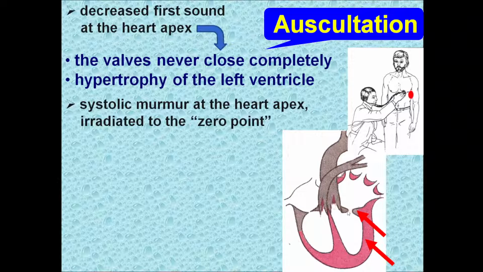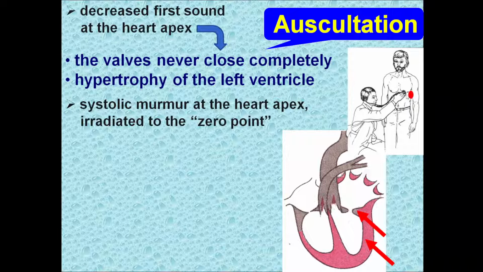We see a systolic murmur, which shows turbulent movement through the unclosed mitral valve. The murmur is organic because of the anatomic heart defect, and it is irradiated to the axillary point, fifth interspace along the mid-axillary line.